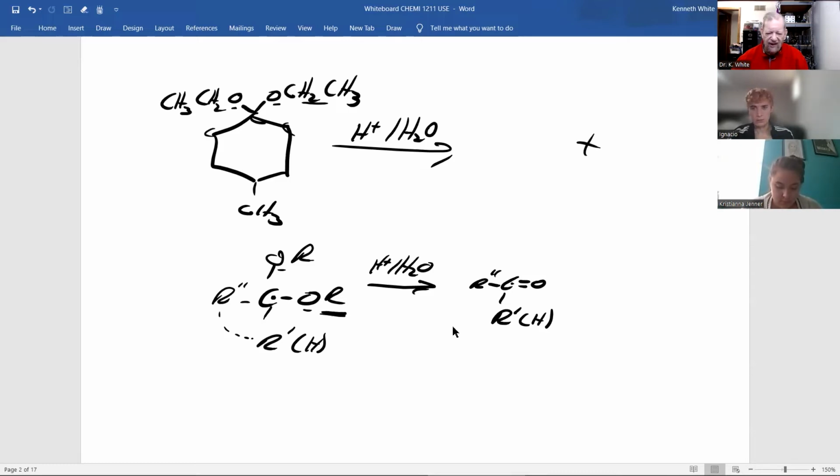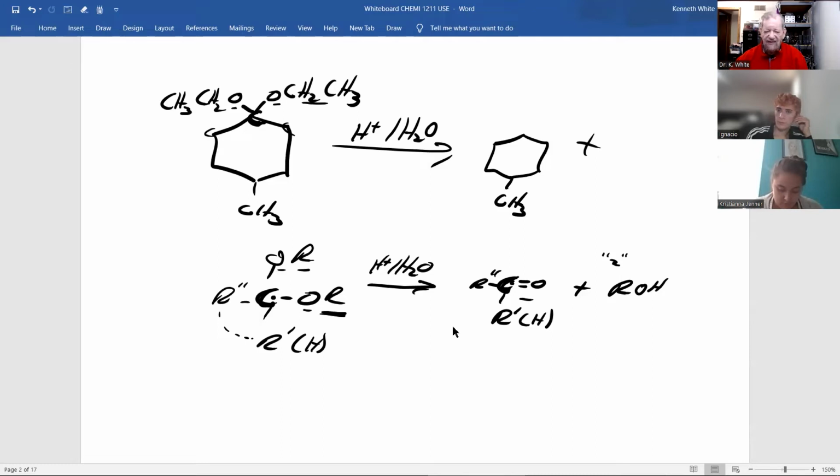And then the R's on the oxygen become an alcohol. And for those who must, you can put a 2 in front of the R. You don't have to. So let's look at this carbon, which is this carbon, becomes this carbon. What's attached to it, the ring and the methyl group, will still be attached to it. But it will now have a carbonyl, or carbon double bond to oxygen.